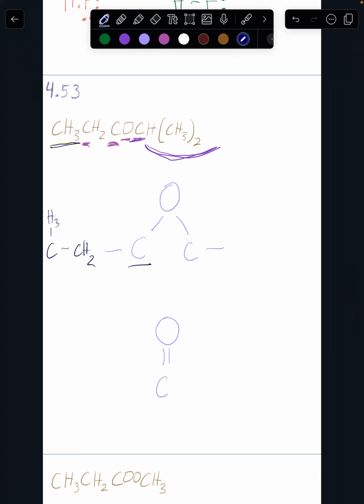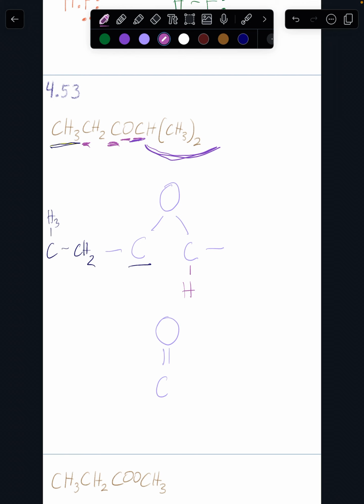Okay, then we have our oxygen, which is right here, another carbon. And then this one has a hydrogen. I'm going to do this in a different color, just so you can see. So a hydrogen.